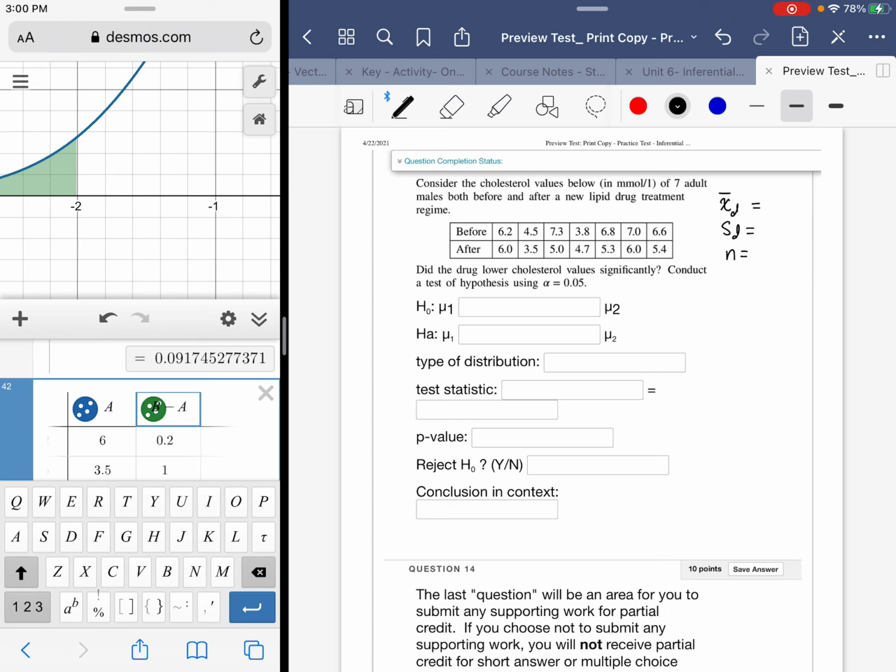You don't need to look at the table for that in Desmos, because you got 1, 2, 3, 4, 5, 6, 7 pairs of data, and it also says it right here.